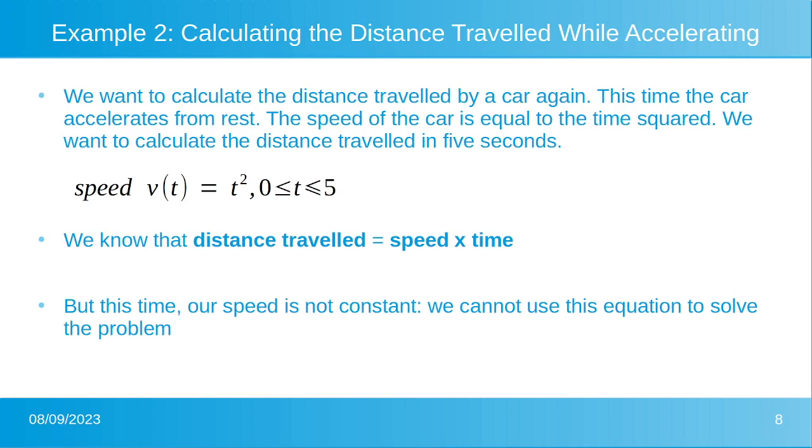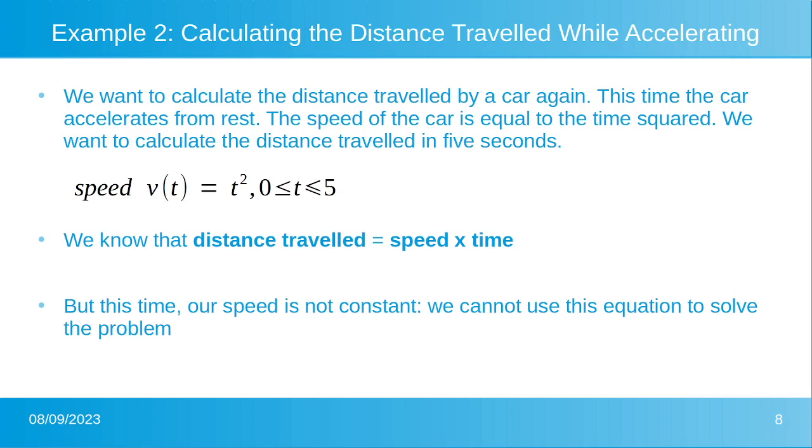So from this information, our speed v as a function of time t is equal to t squared, and time ranges from 0 to 5 seconds.